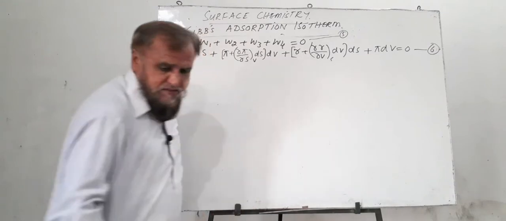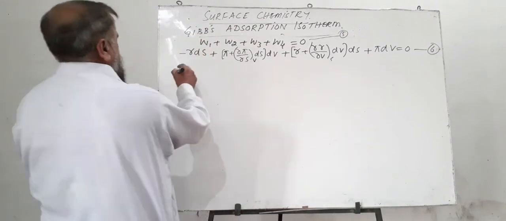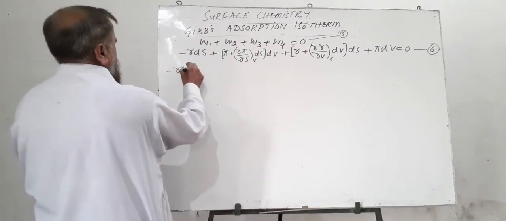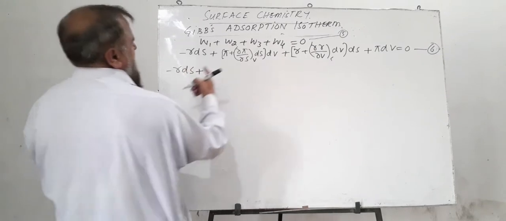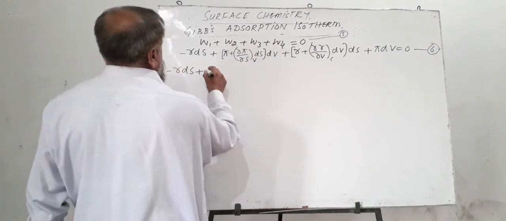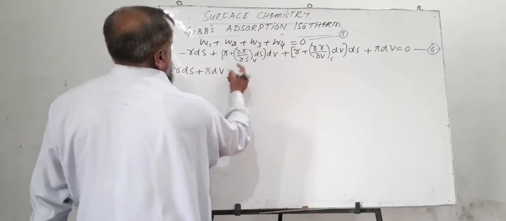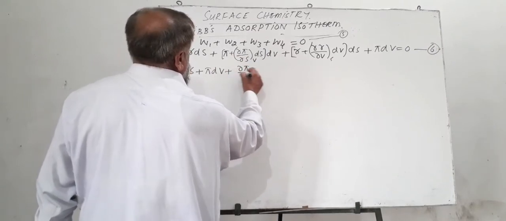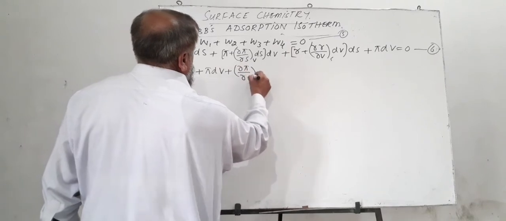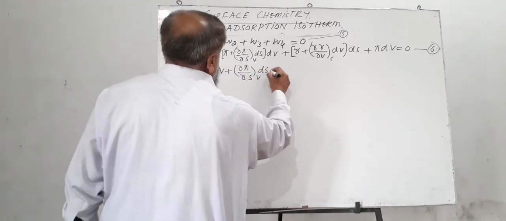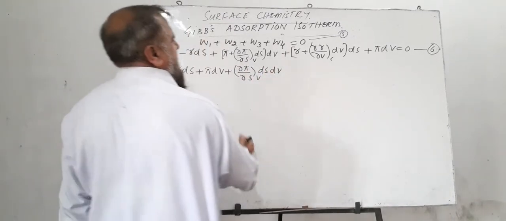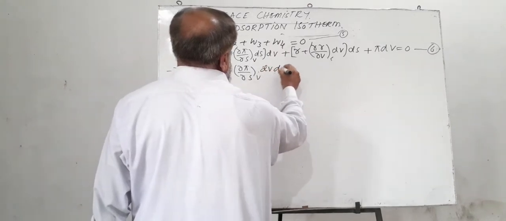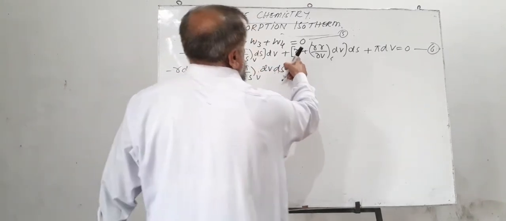Expanding this expression, we get minus γ dS plus π dV plus (∂π/∂S_V) dS dV, or dV dS, we can write anything, plus γ dS.